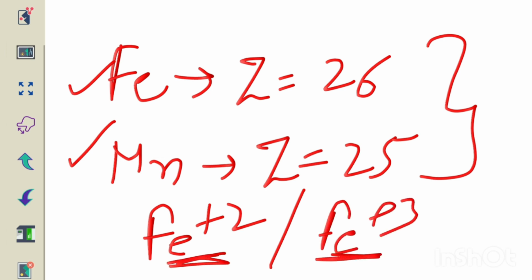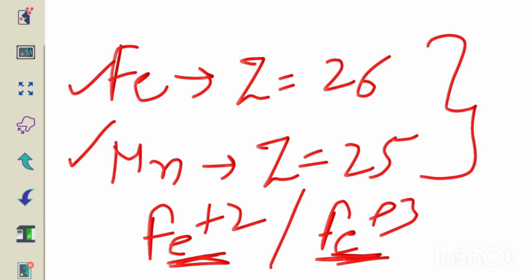If you learn all these things, it will be very easy for you to write the electronic configuration for any given element. You should know the atomic number, and mostly the atomic number is already given. You just need to write the appropriate electronic configuration in increasing order of the energy of the orbitals. Fe+2 is the ferrous ion, and Fe+3 is the ferric ion.